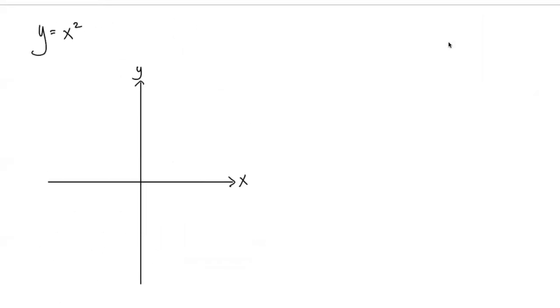So what I would recommend is that on the right-hand side of the paper, go ahead and set up a table. We will write down some x and y values. First some x values.